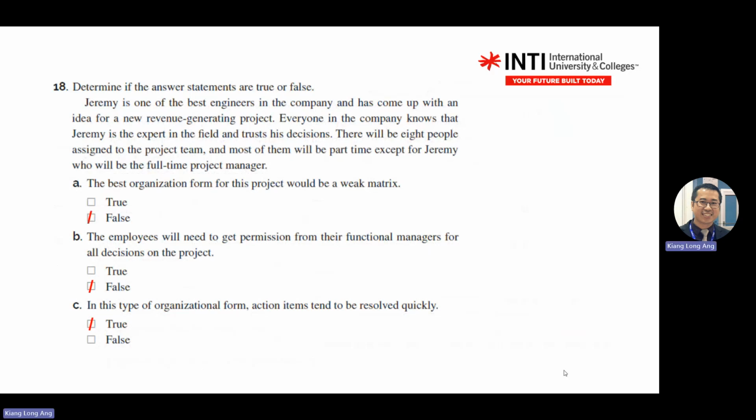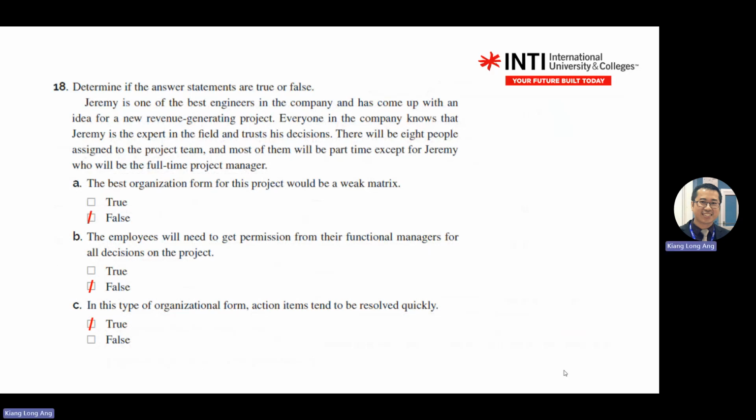So it's either matrix or project, you can guess this one. It cannot be here. If we say Jeremy was promoted to engineering department manager, then it becomes this one. And then the question is towards this direction. If full-time project manager is mentioned already, it is project or strong matrix.